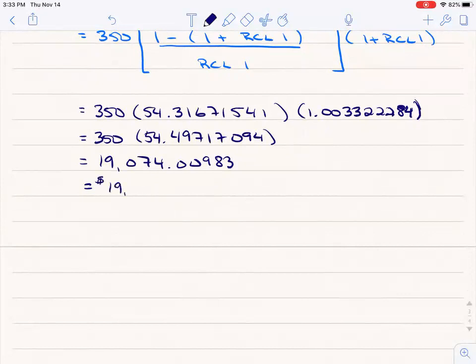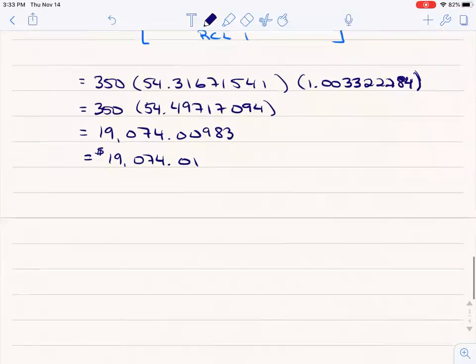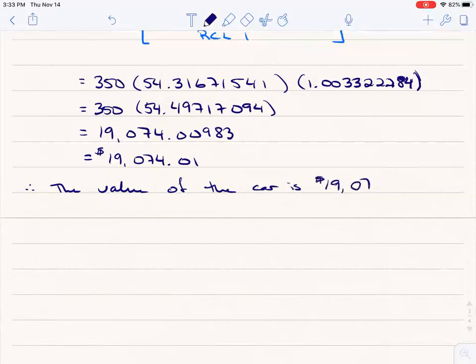And so 19,074.01. Therefore, the value of the car is 19,074.01.